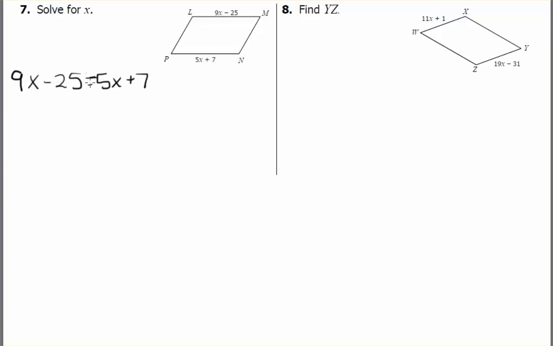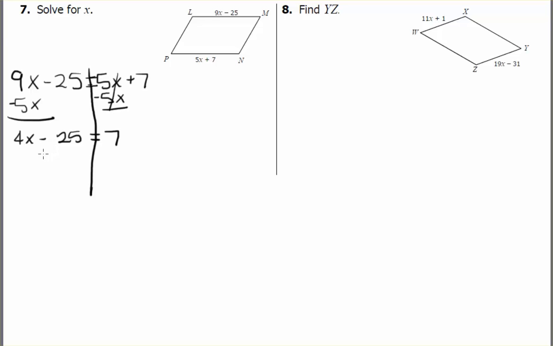So remember, you can always pretend there's a brick wall down your equal sign. So when we combine like terms across that brick wall, you always want to do the opposite. So the opposite of a positive 5x is a minus 5x, or subtracting a 5x. So then 9x minus 5x gives me 4x minus 25 equals 7.